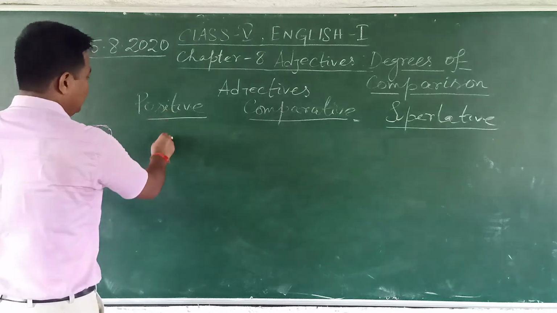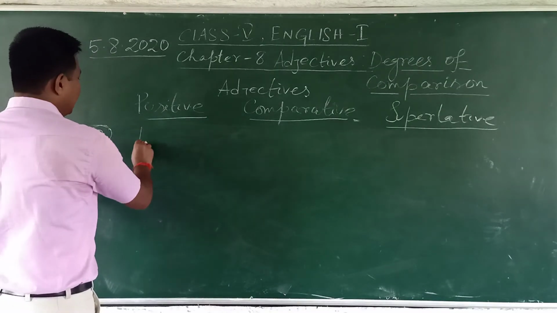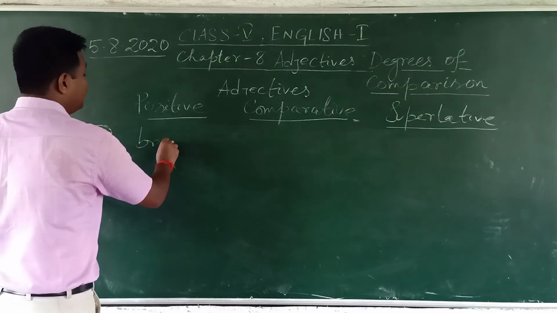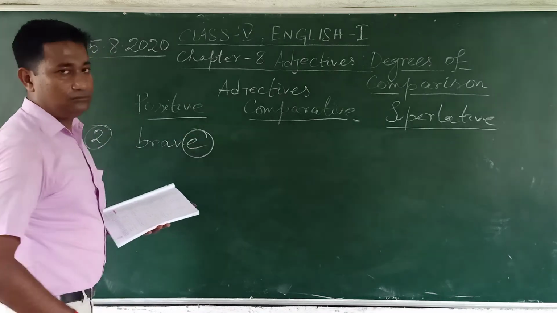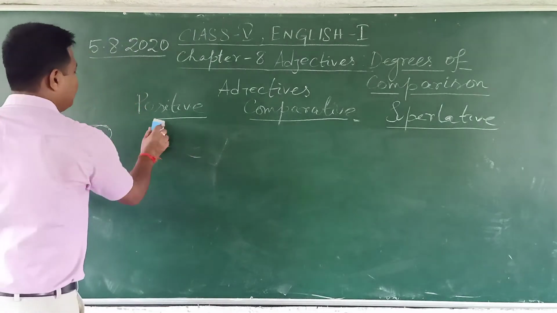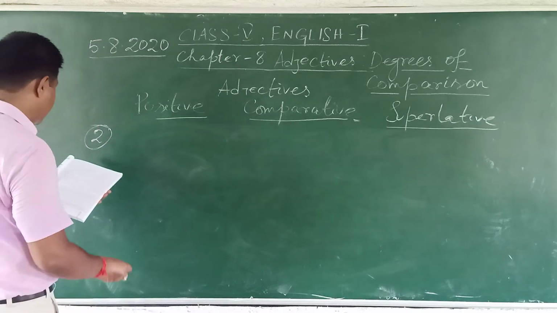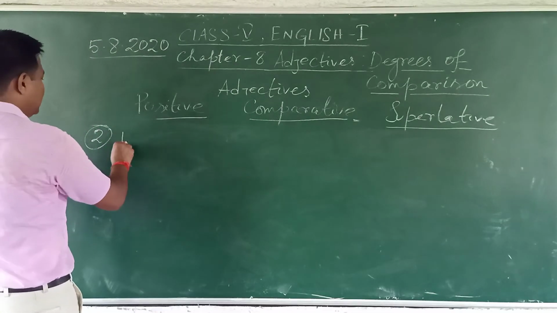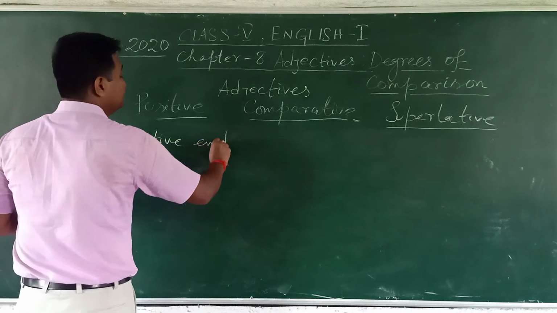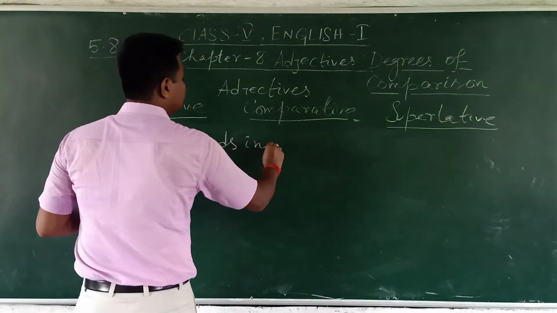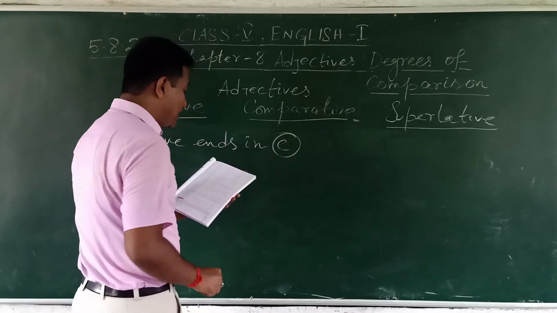So if the positive is any word ending with E, like brave. I am just writing the rule first in summarized form, then I will explain it. Positive ends in E, then what will happen?